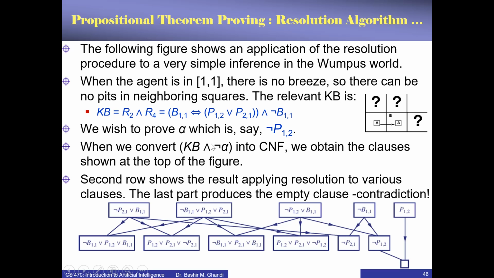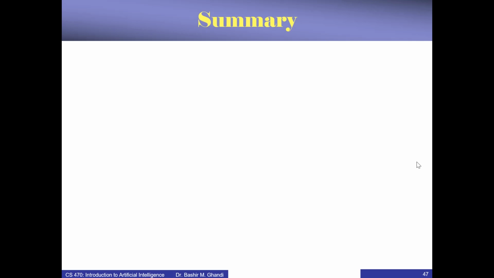In other words, KB entails alpha. So at that point we can prove that there is really no pit in 1, 2. This is basically how the resolution algorithm works. So that's basically how to apply it.